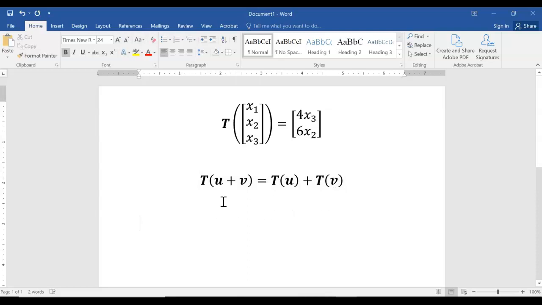Other times, people will plug in an arbitrary u and an arbitrary v into this one, and then using algebraic techniques, just show that this is equal to that, is equal to that, is equal to that, and then finally come up with T of u and T of v at the end.